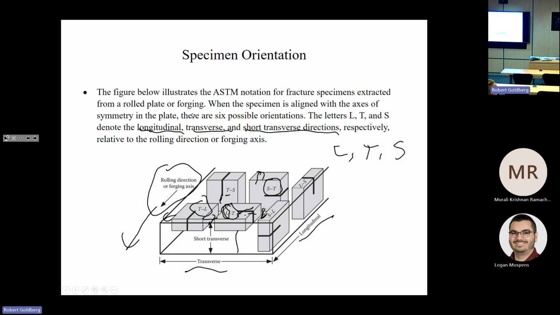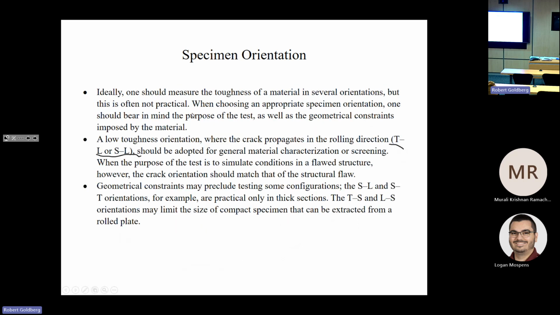But if you start pulling it transversely, it's a low toughness orientation, so it may be more likely to have crack propagation. And as I said, geometrical constraints could also preclude testing in some configurations.